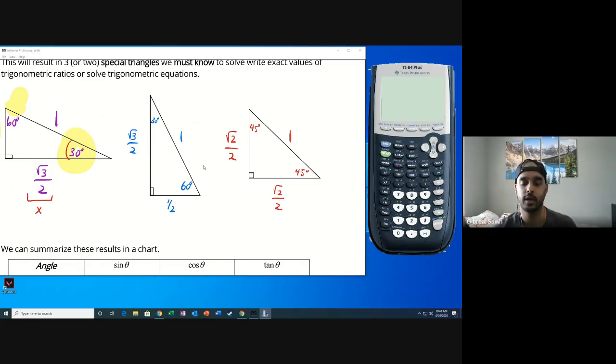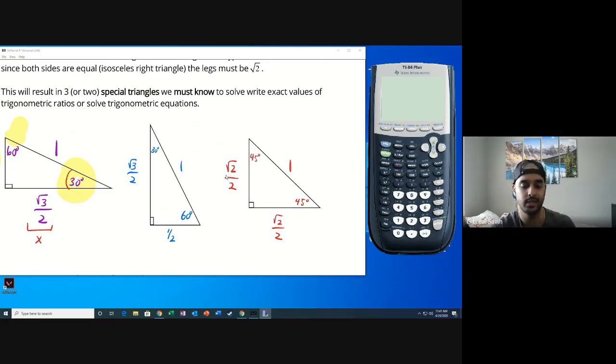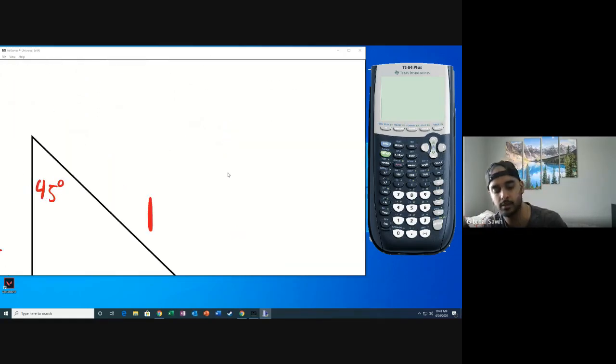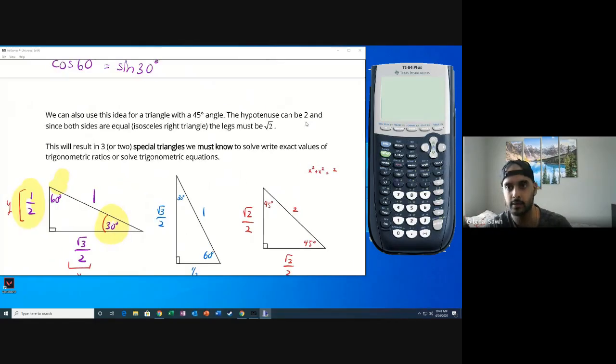Okay, the other way you could try this, let's assume you didn't know what they are, and you called them both x. So we could say that x squared plus x squared is equal to 1 squared, because our hypotenuse, oh, actually, that's supposed to be a 2. Let's make that a 2. Yeah, hypotenuse is going to be 2 here.